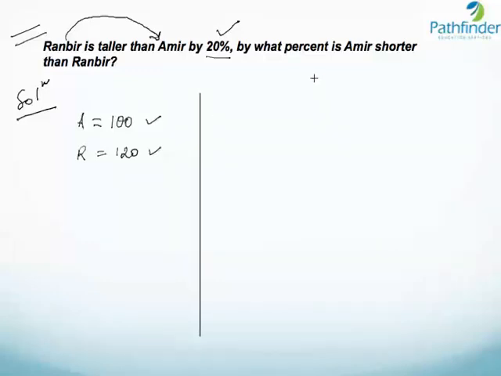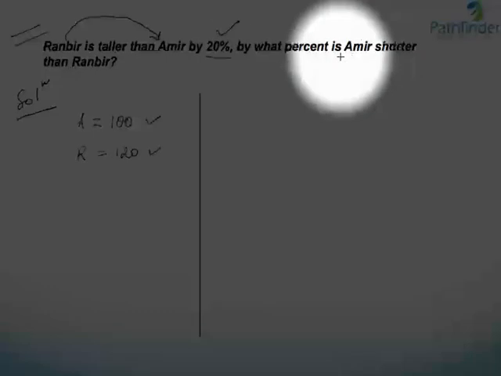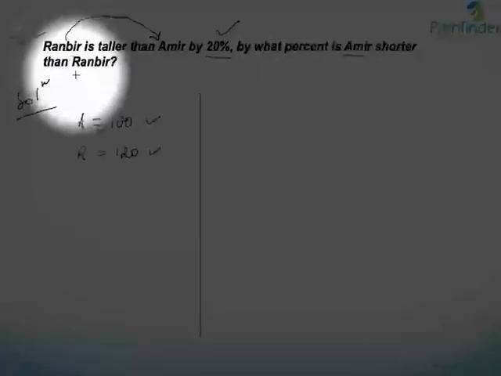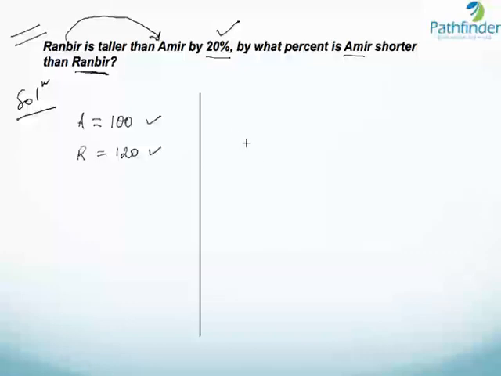By what percent is Amir shorter than Ranbir? Now the question asks us to compare Amir's height with Ranbir. So the required percentage will be 120 minus 100 in the numerator and divided by, because we want to compare Amir's height with Ranbir, we will divide by Ranbir's height.